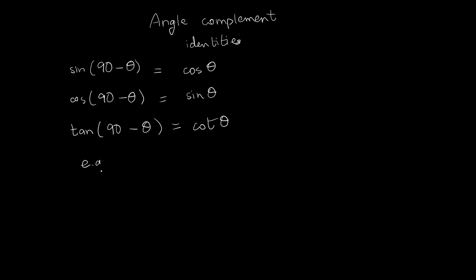Hence, if you have an MCQ like this, sine of 30 would be the same as sine of 90 minus 60, which is the same as cosine of theta, where theta is 60.